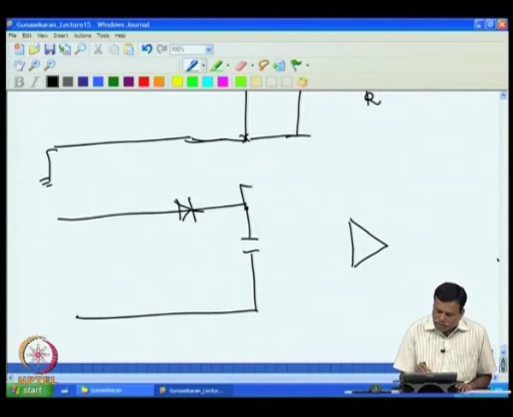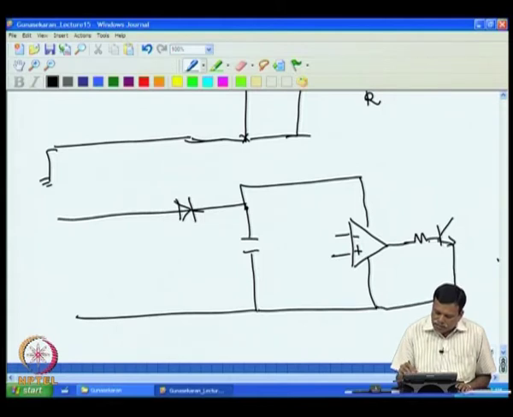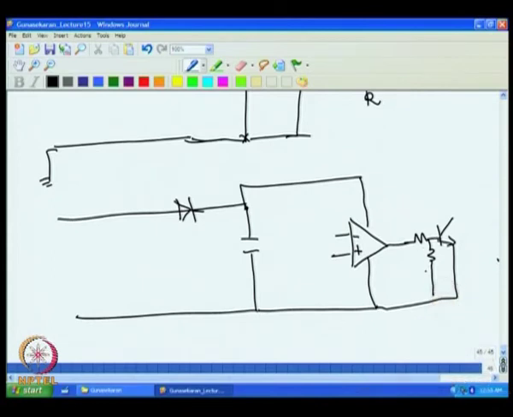So I power this operational amplifier using this. Then I take the output of the operational amplifier. I have the two inputs. Now the output of the operational amplifier I connect to a transistor, which is again connected to this. It is biased using these two resistors. I will explain more about this shortly.